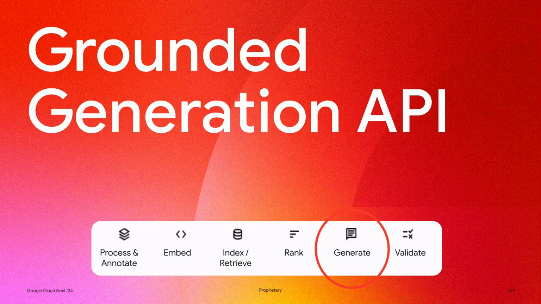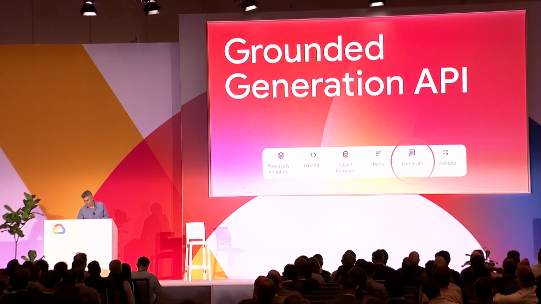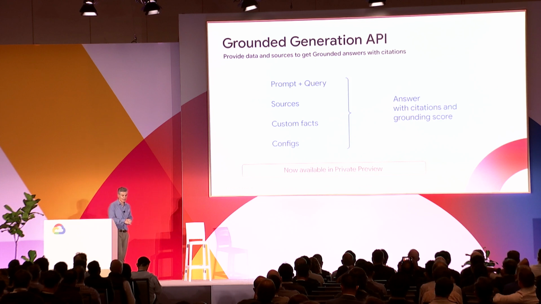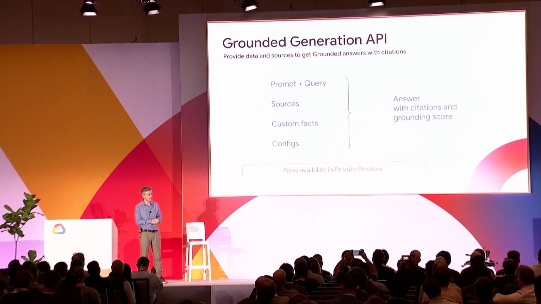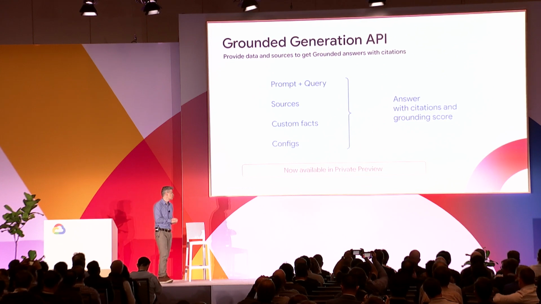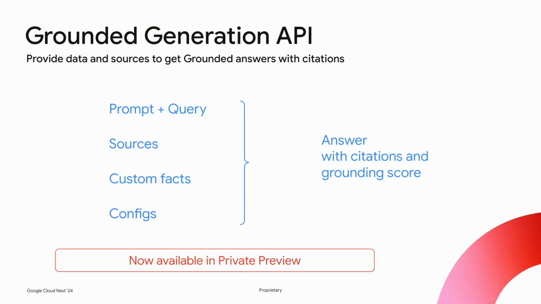Now, you have your nice list of chunks or documents. The next step is generation. And here we are launching a new grounded generation API in private preview. It works rather simply. You provide a prompt, like a preamble, and then your query, and you provide your sources.